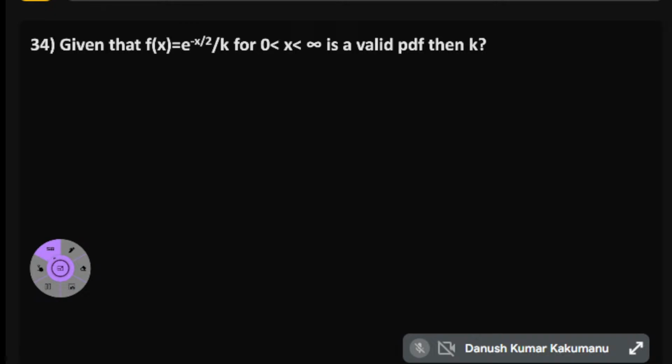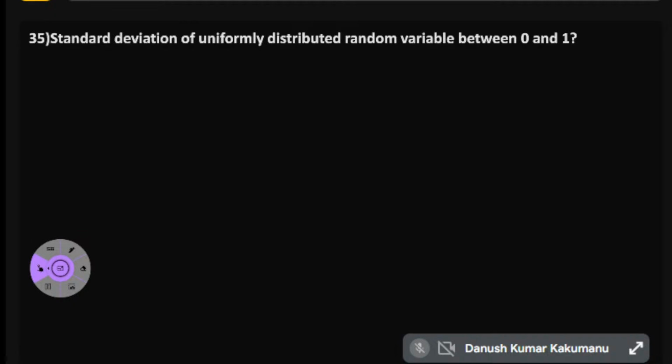Is this question completed? Okay, everyone try this question. What is the answer? Go through the uniform distribution formula list once again.